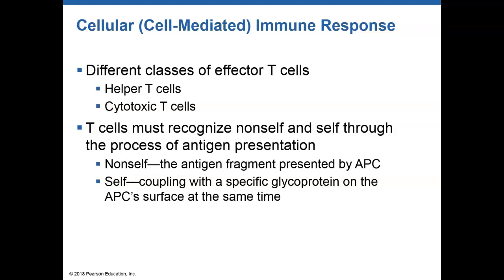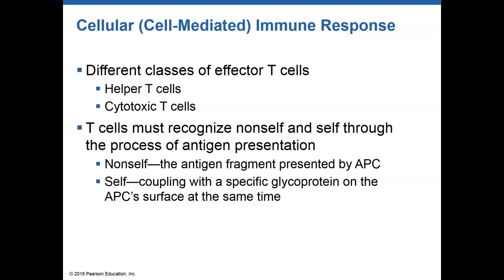So we have different types of T cells. We have helper T cells. These are cells that don't fight, but they activate other either non-specific defenses or other specific defenses, including activating cytotoxic T cells.